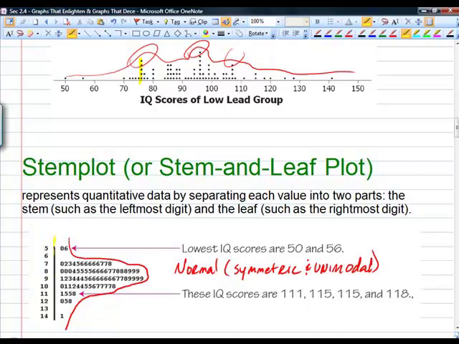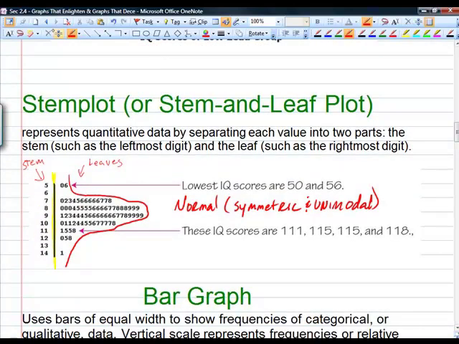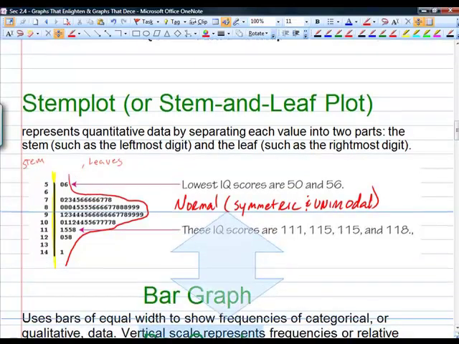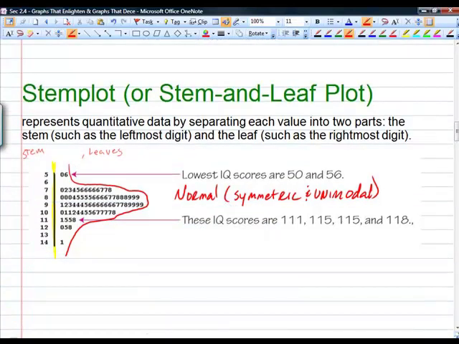The way this works is this vertical line here separates the stem part from the leaves part. If I asked you to write down all of the data values here, the stem part represents the tens unit. The leaves are the ones units on your data.